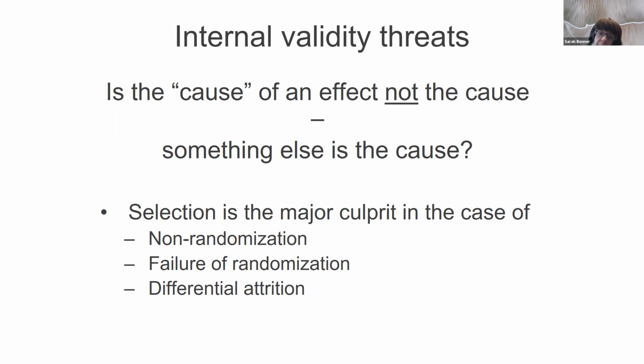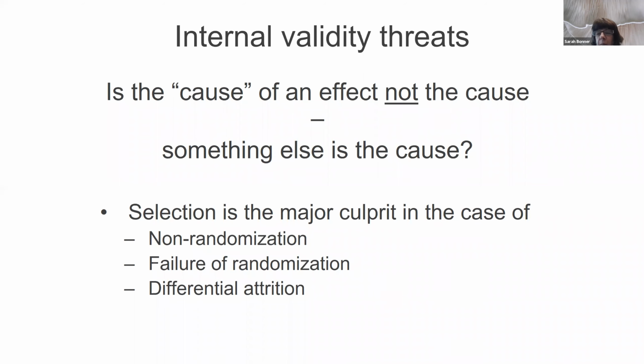Or when you think you randomized and you failed to do so, for instance, when your randomizing agent has failed, and there are reasons why that can happen, or when you have differential attrition. So people drop out of one condition for different reasons or at different rates than they drop out of another condition. All of these things cause selection problems.